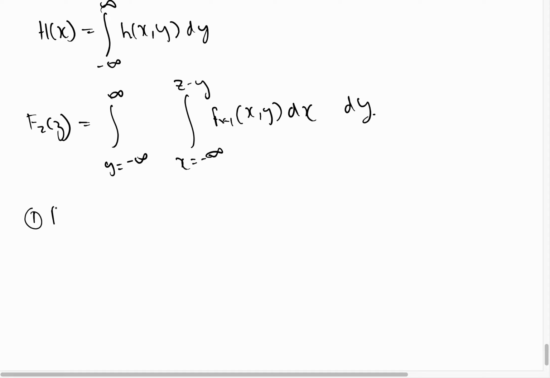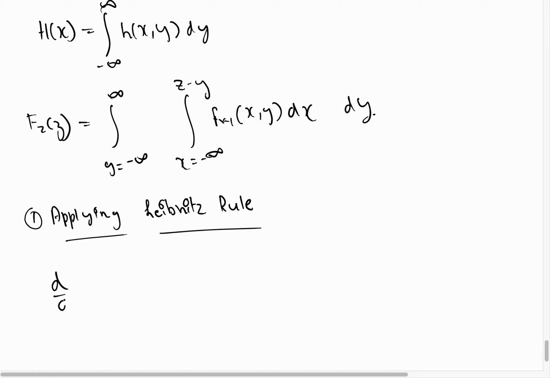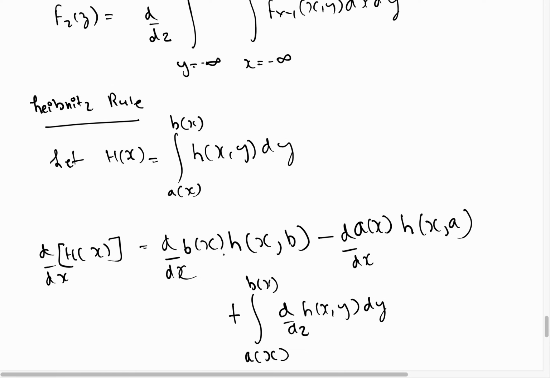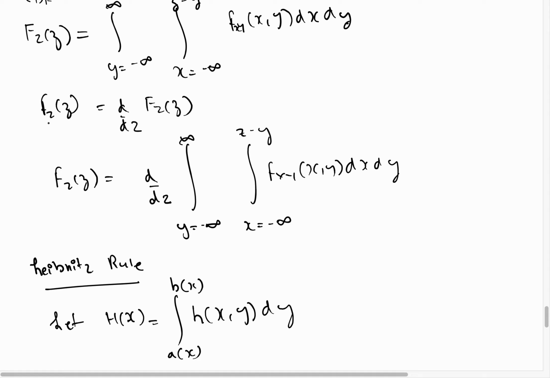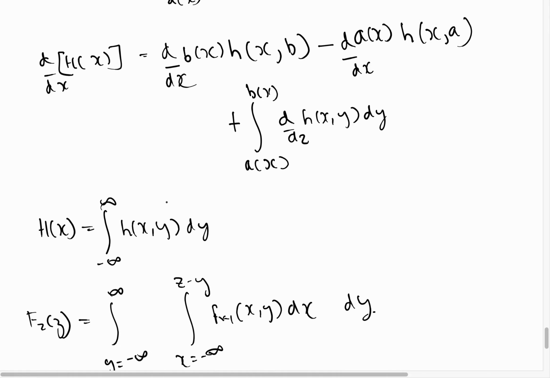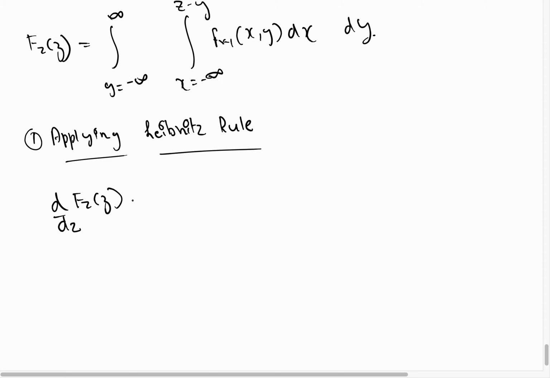So applying Leibniz rule the first time, that is going to be d by dz of F_Z of z, because we need the PDF of z, right?